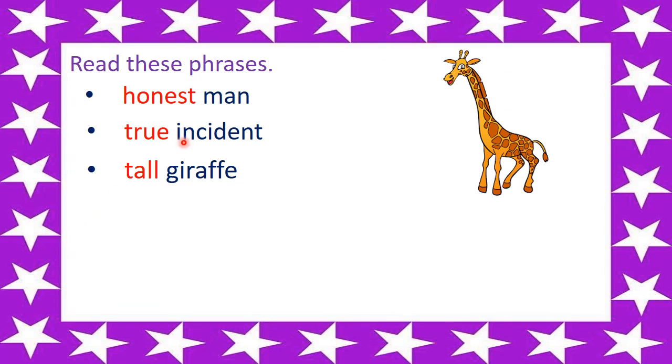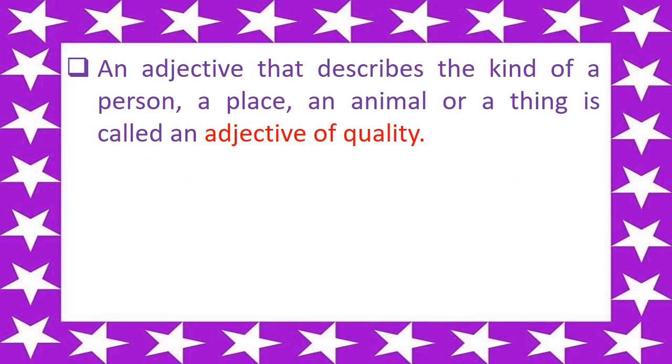Read these phrases. Honest man, true incident, tall giraffe. So students, as we can see here, the highlighted adjectives describe the quality of the noun. So an adjective that describes the kind of a person, a place, an animal, or a thing is called an adjective of quality.